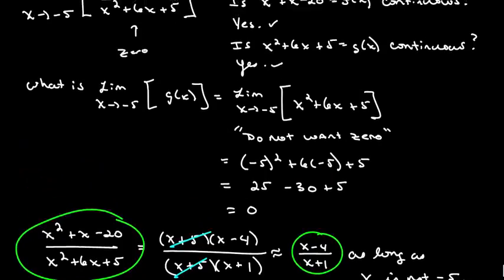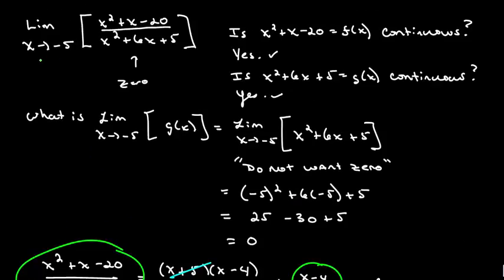That's not an issue, because when we look at limits, we only look at what happens to the function close to -5, not at -5. That's the important part.